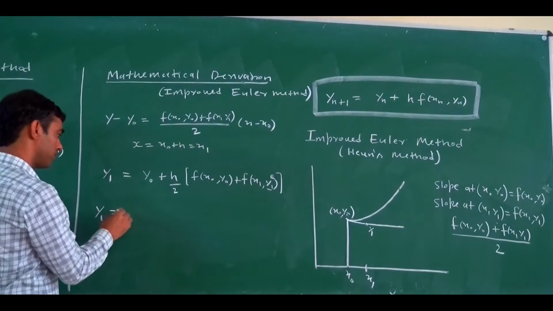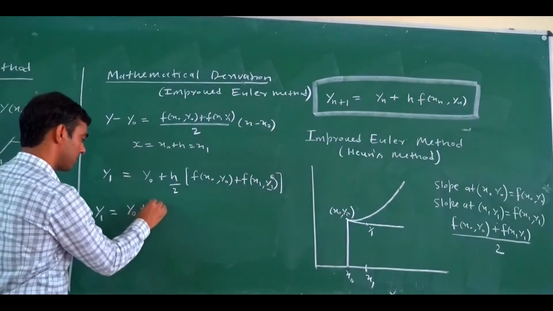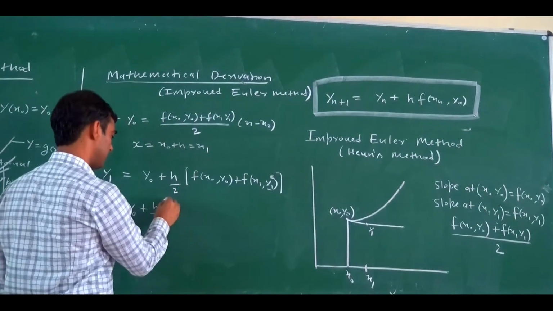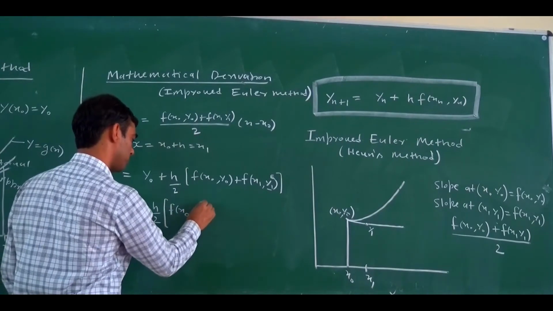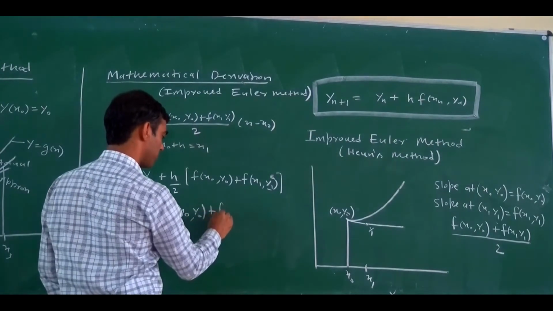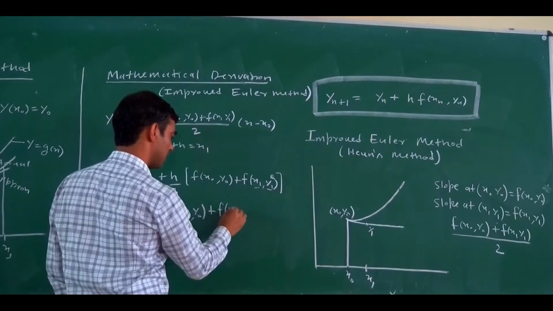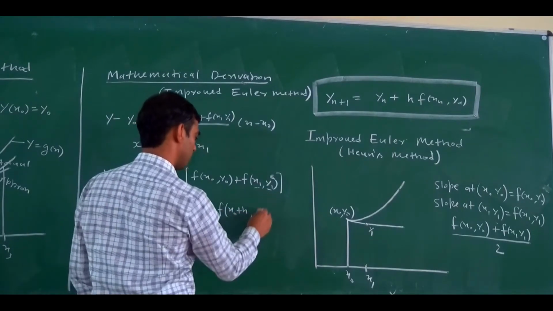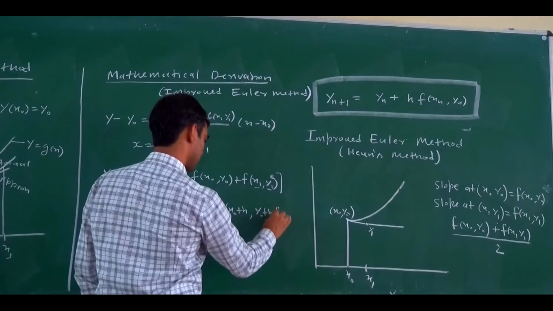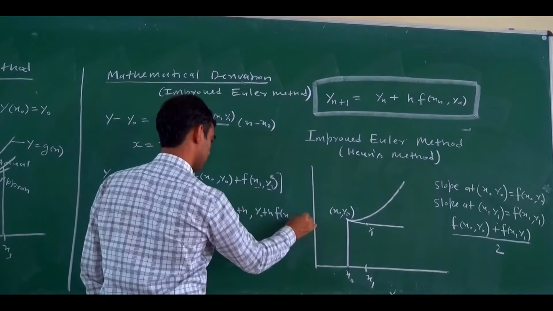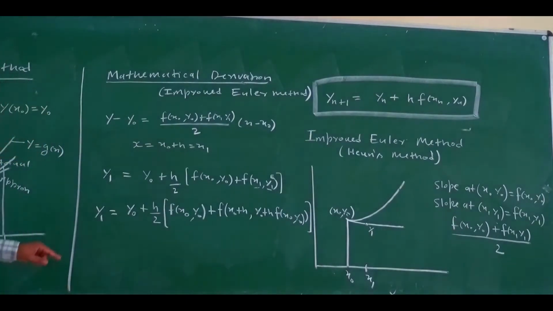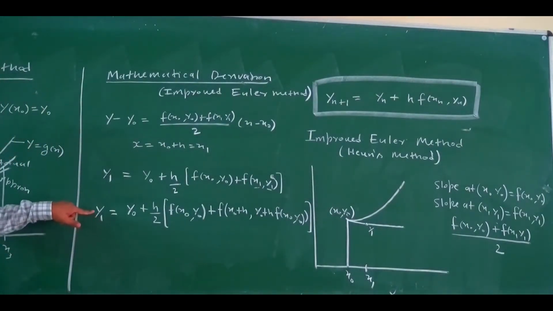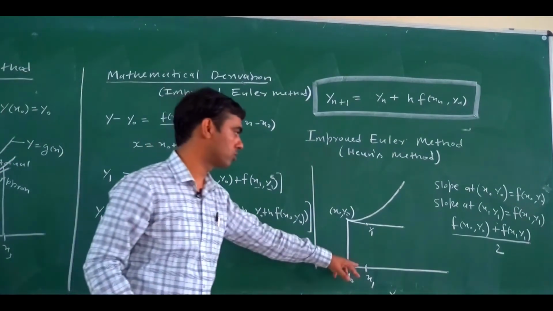So y1 becomes y0 plus h by 2 times [f(x0, y0) plus f(x0 plus h, y0 plus h f(x0, y0))], using the Euler method. This is the first approximate solution, meaning the first value of the solution at x equal to x1.